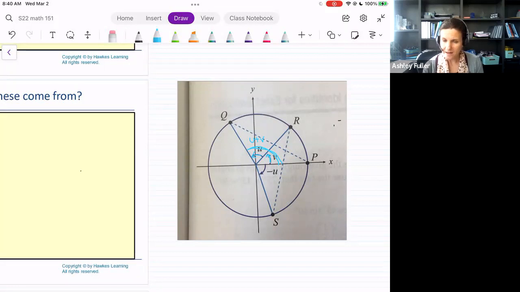Now, notice that since we have angles that are the same, this distance PQ is going to equal RS, because this angle has a magnitude that's equal to this angle.